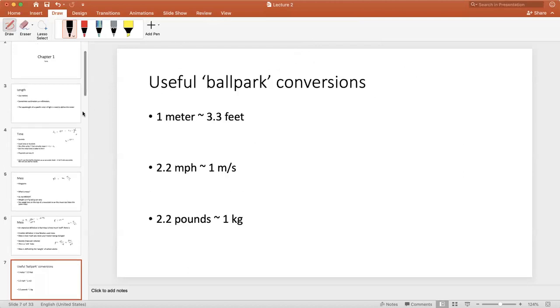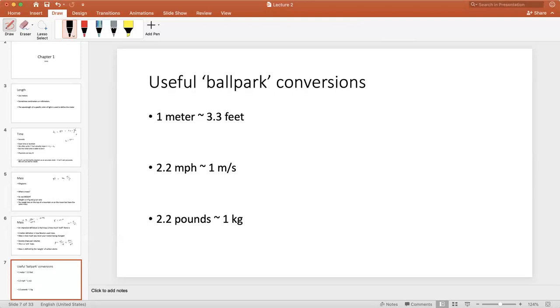All right, so the last thing I'm going to give you is something that I like to call useful ballpark conversions. And so what it comes down to is, well, what is a meter? If I told you something was 10 meters long, how long is that if you're not used to metric units? A meter is about a yardstick.